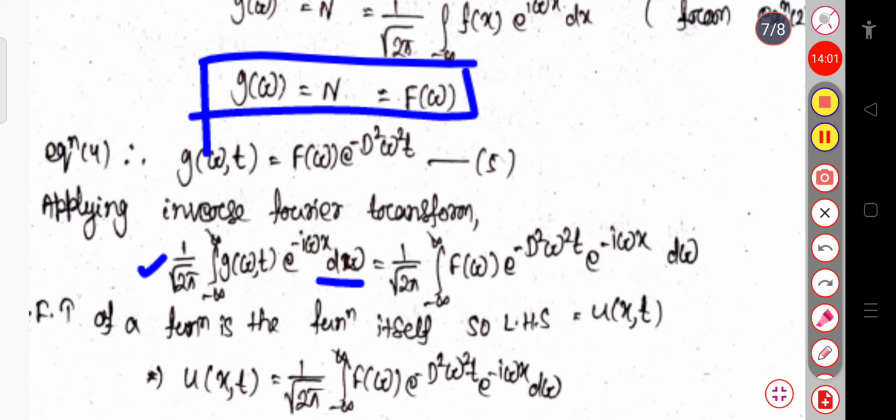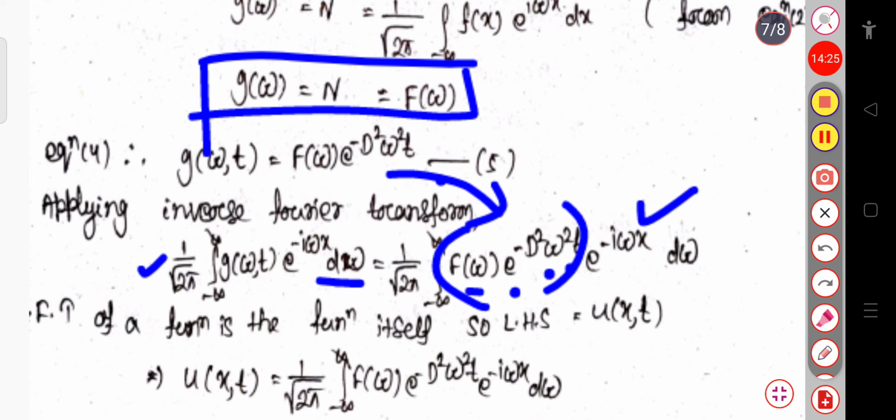That is equal to, for the right hand side, 1 by root over 2 pi integration over minus infinity to plus infinity f of omega into exponential minus d square omega square t, this is the total function, into exponential minus i omega x into d omega.